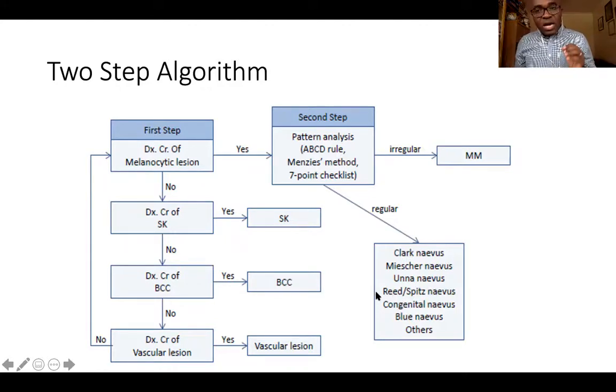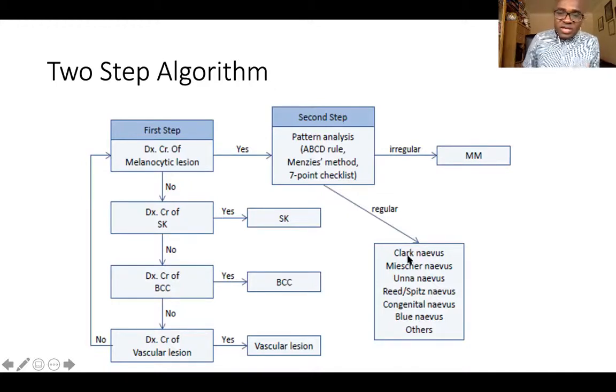Therefore, the bottom line is when you see a Spitz nevus or Reed nevus, treat it like a suspected melanoma, referring on a 2-week wait. Let the histologist tell you the difference. As a GP, don't mingle with that.